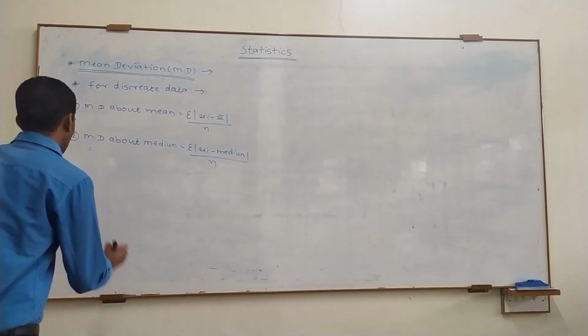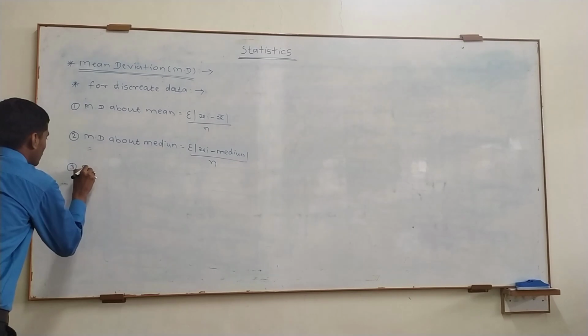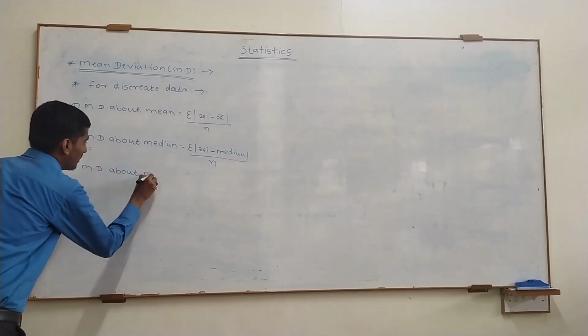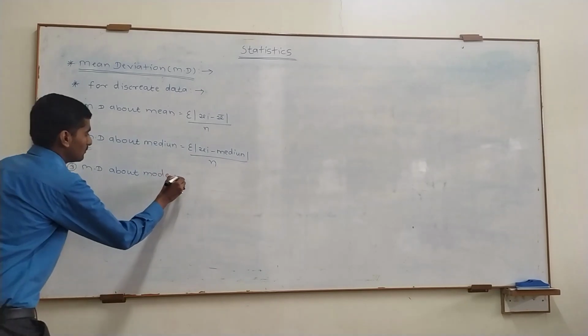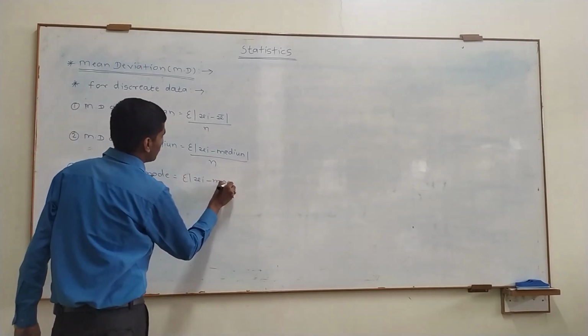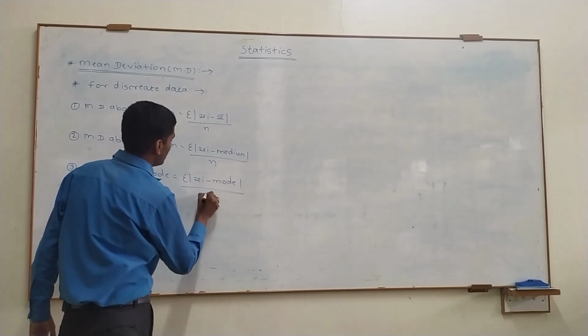And the next formula, mean deviation about mode, is equal to the summation of mod of xi minus mode, divided by n.